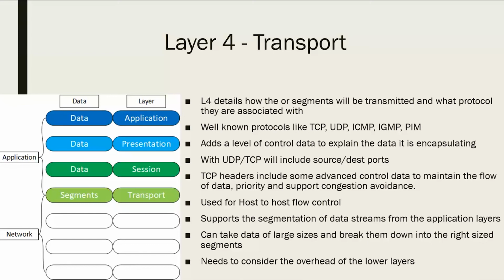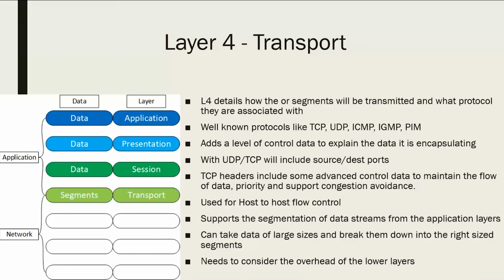So we also deal with segmentation at this point, because we want to make sure, well, the data stream that we're getting from the application, maybe that's a constant stream of RTP data. And in that case, RTP, a video or media protocol, wants to send traffic as quickly as possible and reliably. So maybe we'll be getting data in a constant stream at a constant rate.